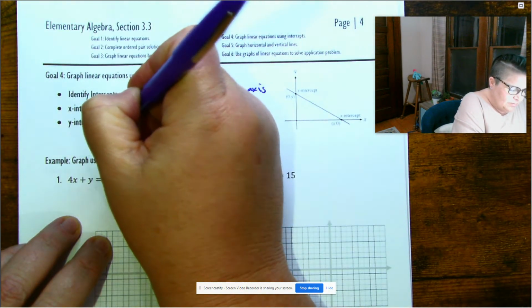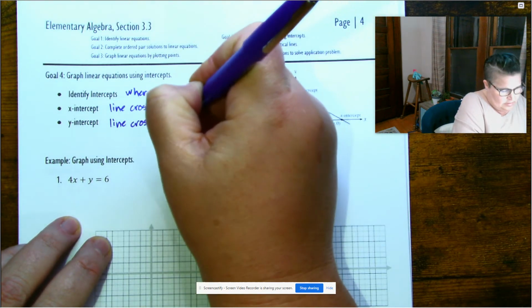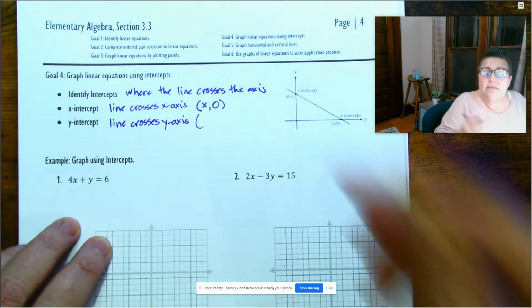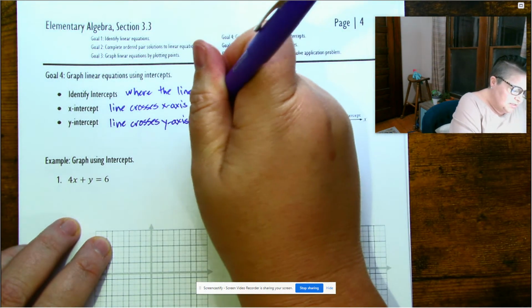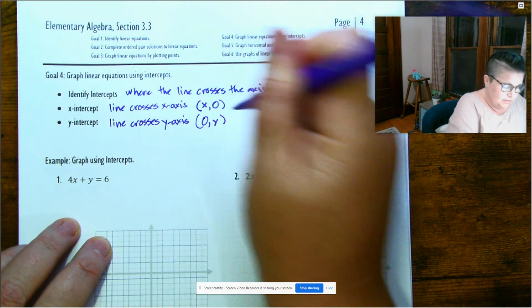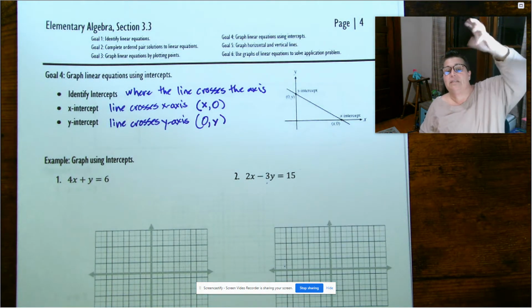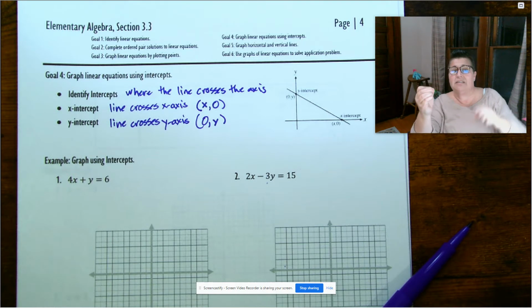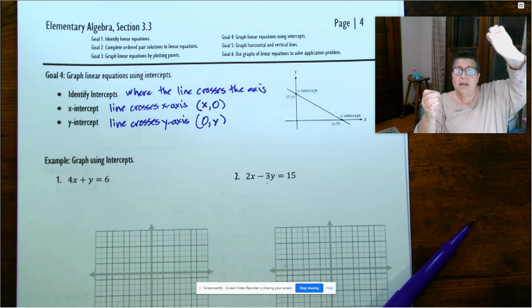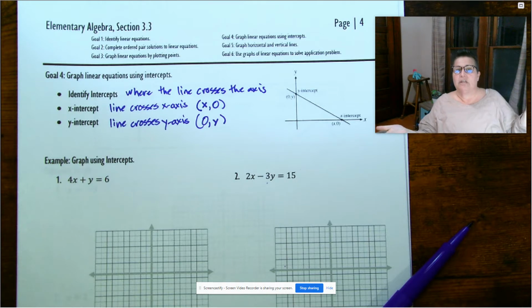The y-intercept is where your line crosses the y-axis. And there you haven't moved left or right, you've only gone up or down. So this point always looks like 0, y. The fact that those have the zeros in them become helpful to us, because if I can find the x-axis and the y-axis, as those shift and change, my line will shift and change.